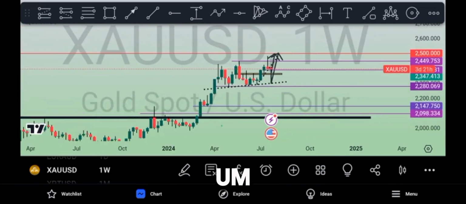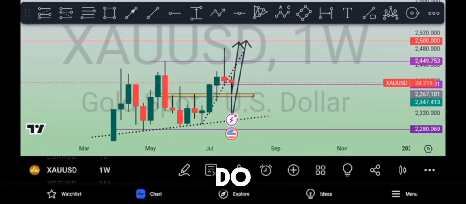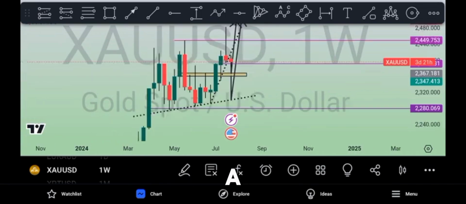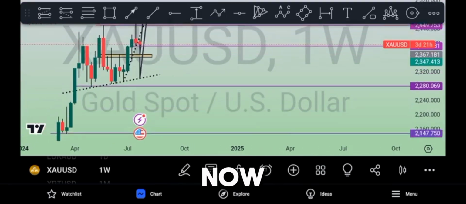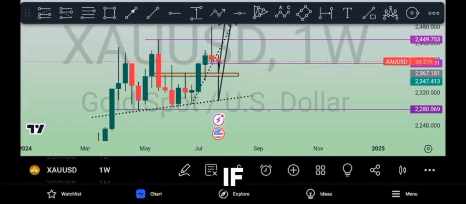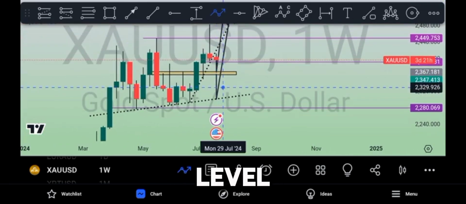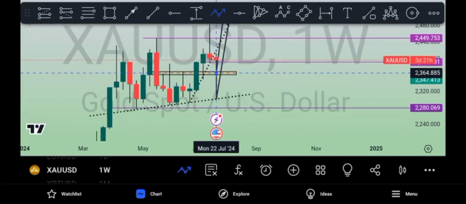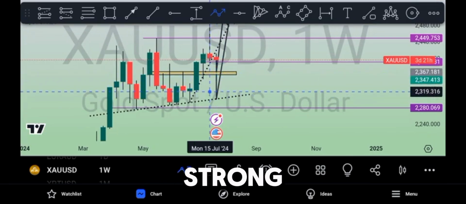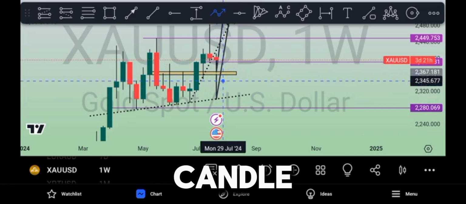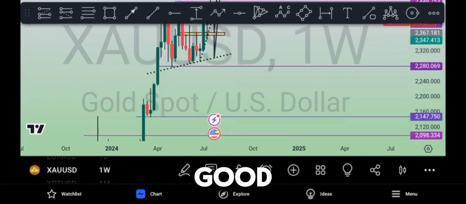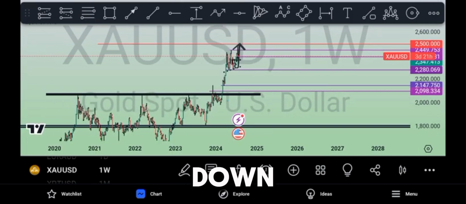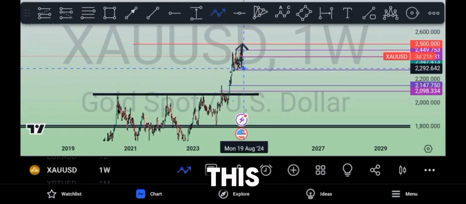I think this weekly candle that closed with a shooting star is a very strong sell signal. Now two things are involved. If the market breaks this level with a strong bearish candle, we should expect gold to come down all the way from this place right here.